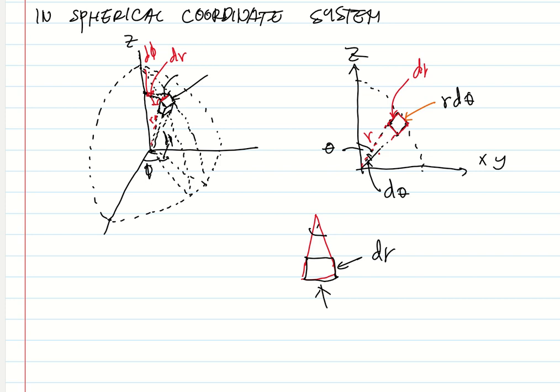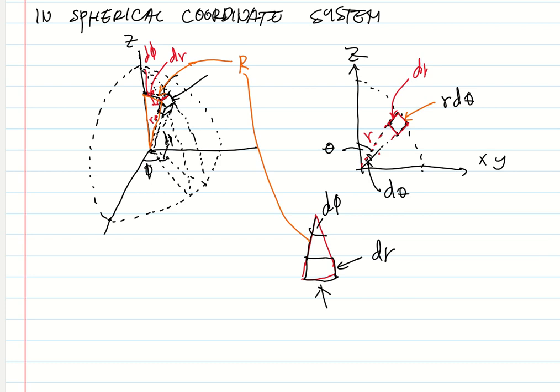We know that this is d phi, but the problem is this side here is not equal to r. This side here is the same as that side, and it's not equal to r. We can just call it capital R. But we can solve that by using this triangle here.